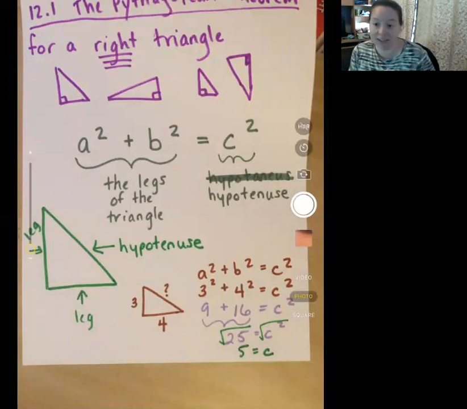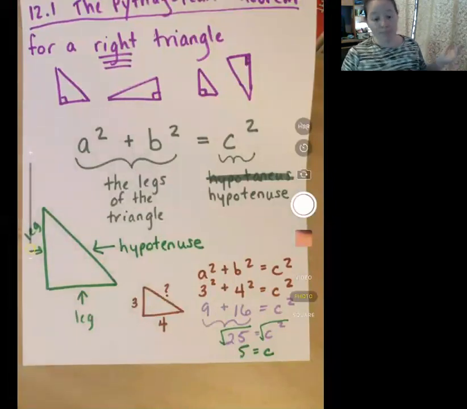I picked the 3 and the 4 in particular because that is a triangle that always gives us a 5, a 3, 4, 5 triangle. It's really common. You're going to run into it over and over again. We can solve any triangle that way. If they give us the hypotenuse, we can solve for one of the legs. If they give us both the legs, we can solve for the hypotenuse.